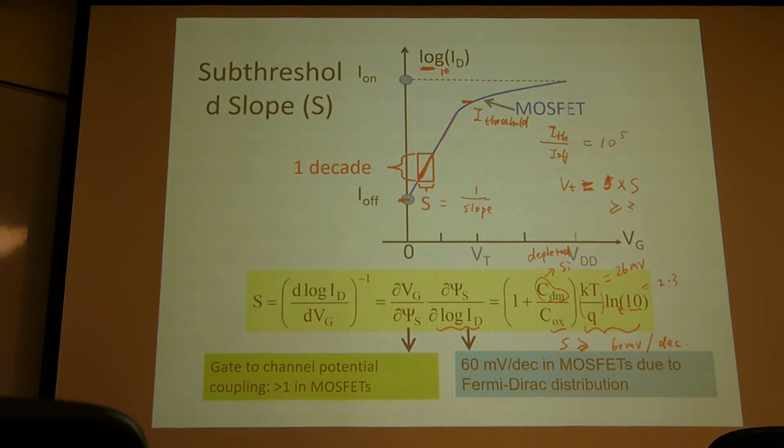So that means this will be larger or equal to 300 millivolts, 0.3 volts. Because you want to keep the on-off ratio large, you need to maintain the threshold voltage above this 300 millivolts.